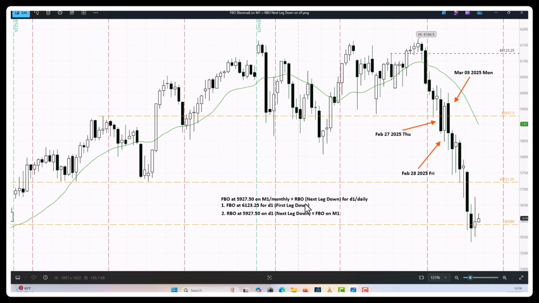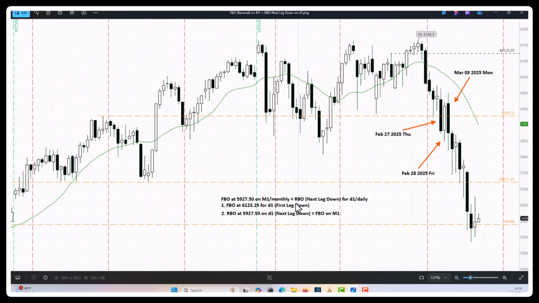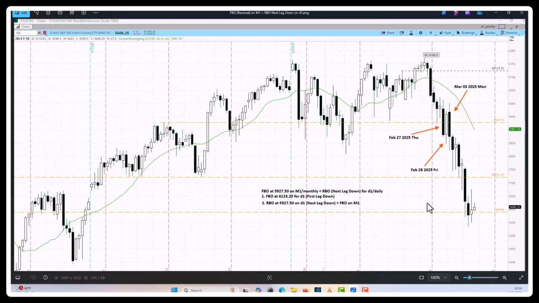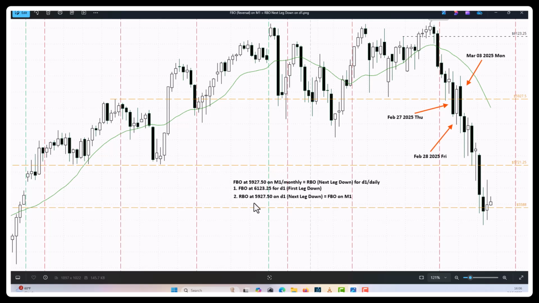Right, so then it becomes a real breakout, which is the next leg down on the daily time frame right here. So put a note right there.